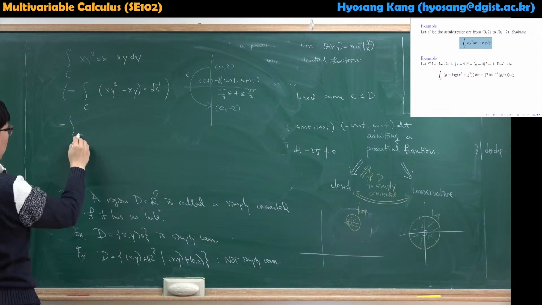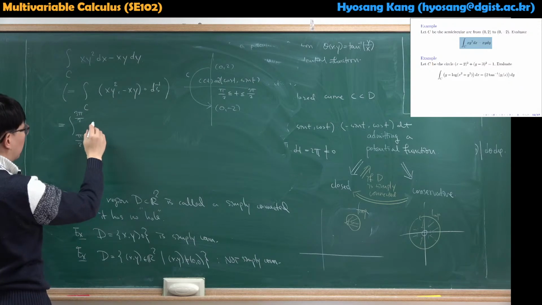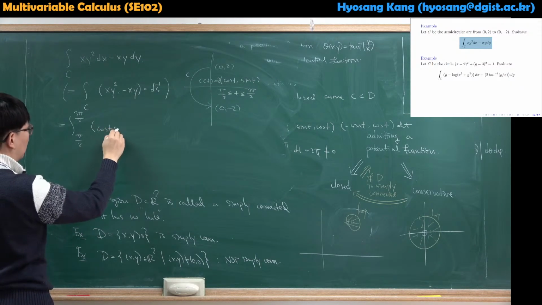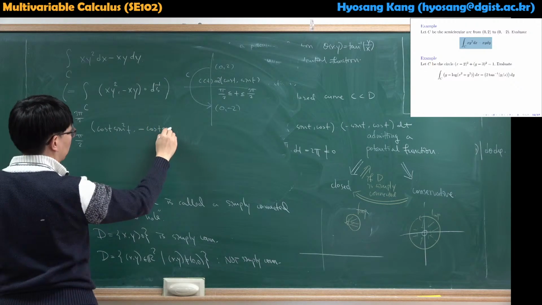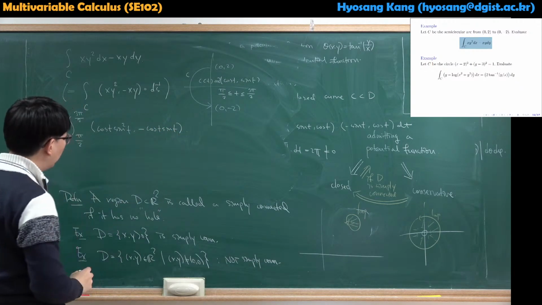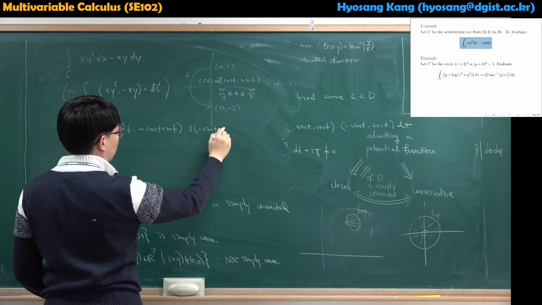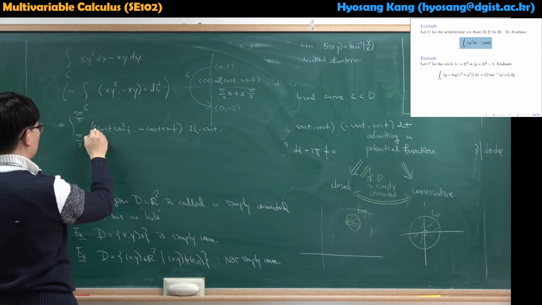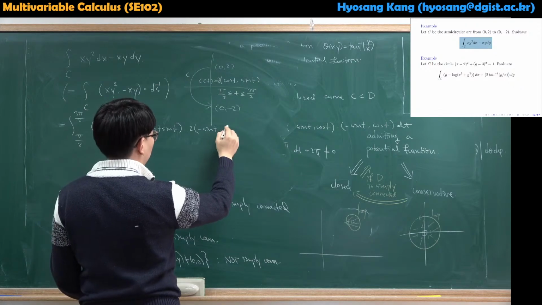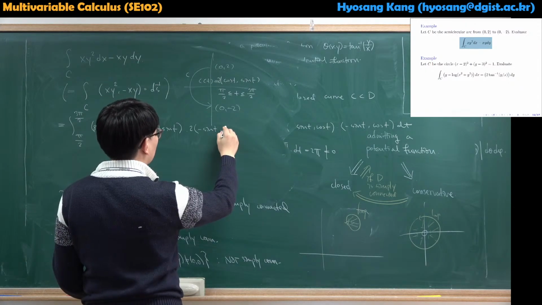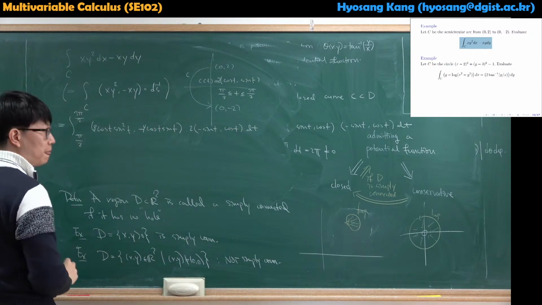And this becomes cosine t sine squared t minus cosine t sine t, and then minus 2 times sine t. I forgot the 2 also, so this is 8, and this is 4, and then this is 2 sine t cosine t dt.